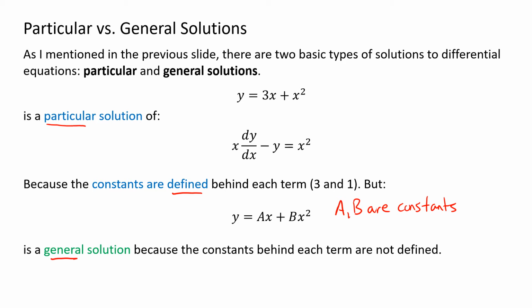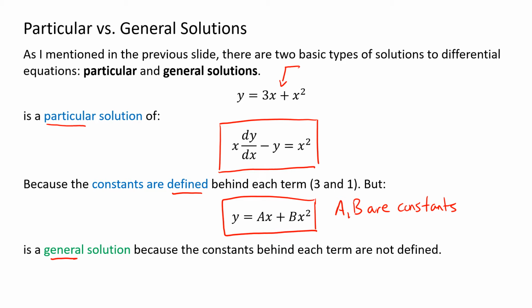So in both those situations they can be solutions to this same equation. And there's other solutions to that equation other than just 3x plus x squared. So that is where the general solution comes in handy. You can use different solutions to this equation to obtain different final equations.